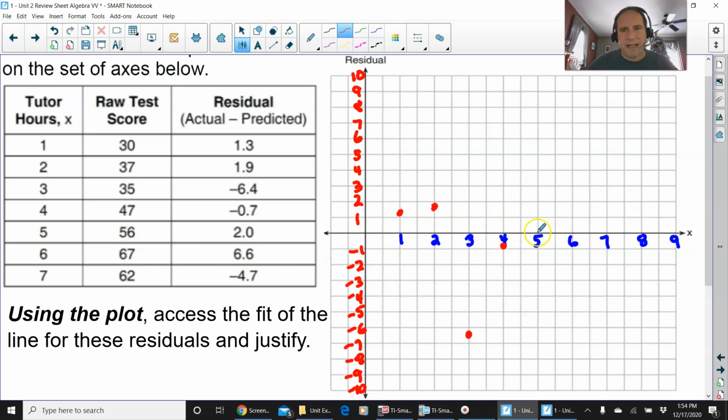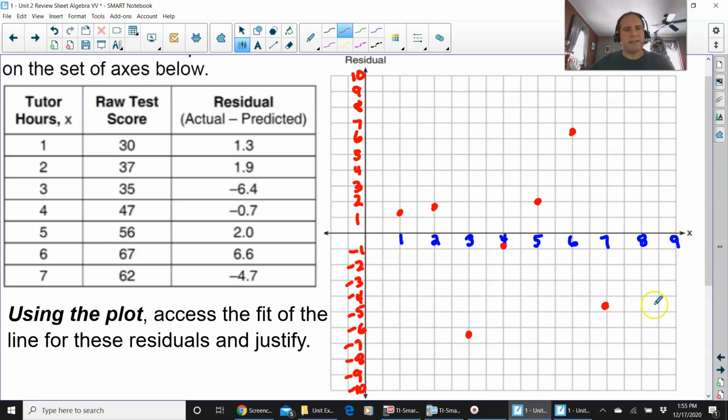When x is 5, the residual is 2. That's nice and easy. And when x is 6, the residual is 6.6, which is up here. And when x is 7, the residual is negative 4.7, which is right about here.